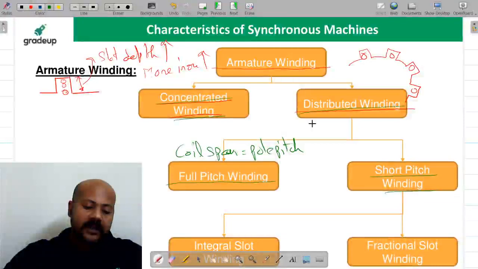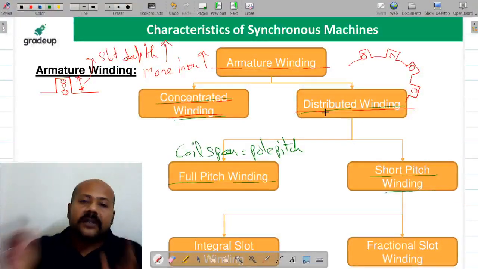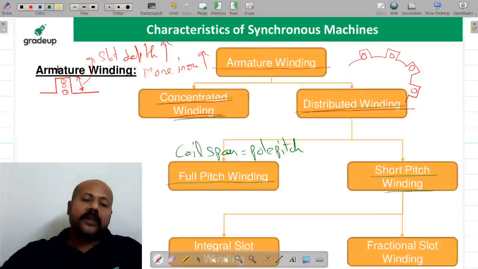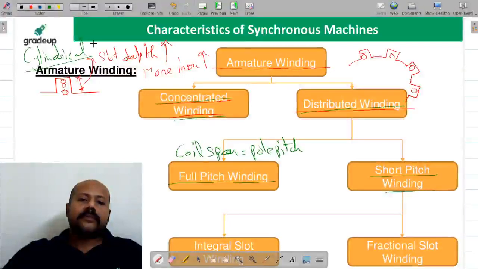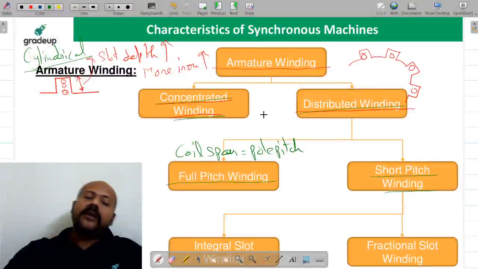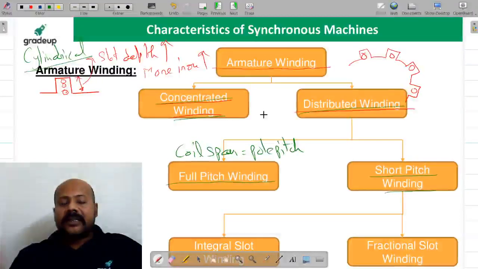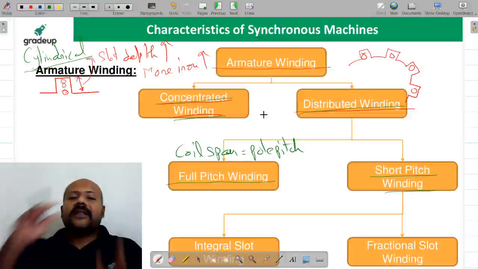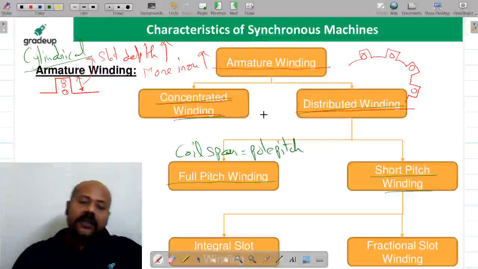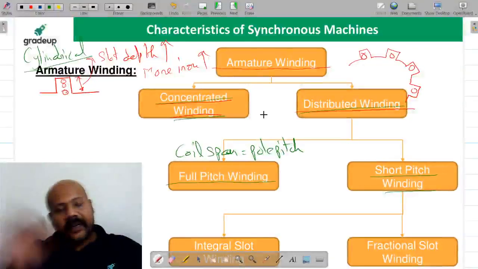Ram Krishna is asking, sir, salient pole or non-salient pole? Beta, right now we are discussing non-salient pole, cylindrical rotor, because for salient pole there is a little complex analogy that we are going to discuss later.